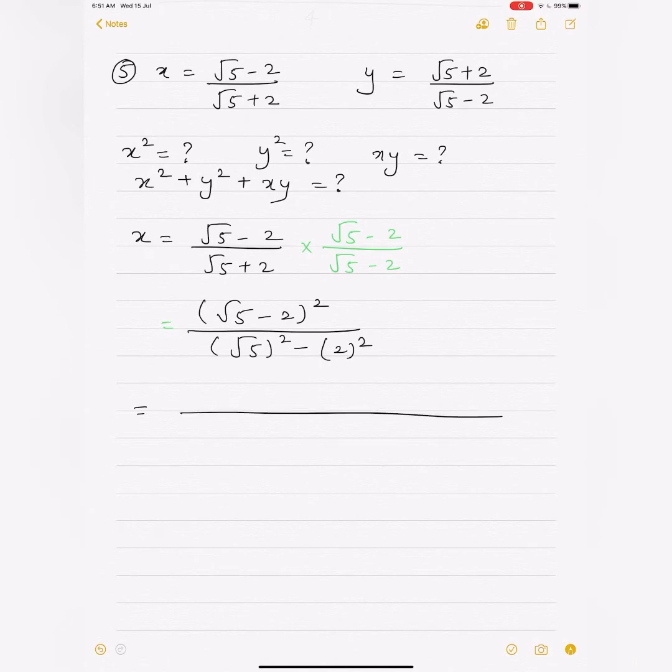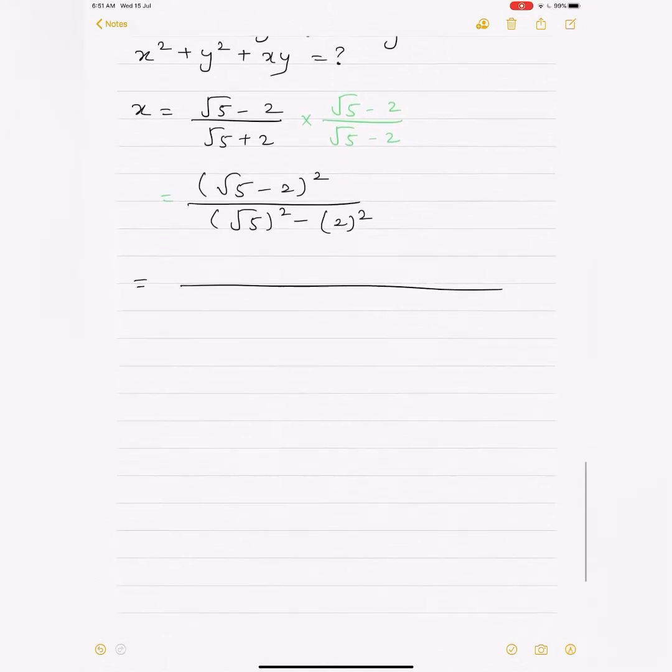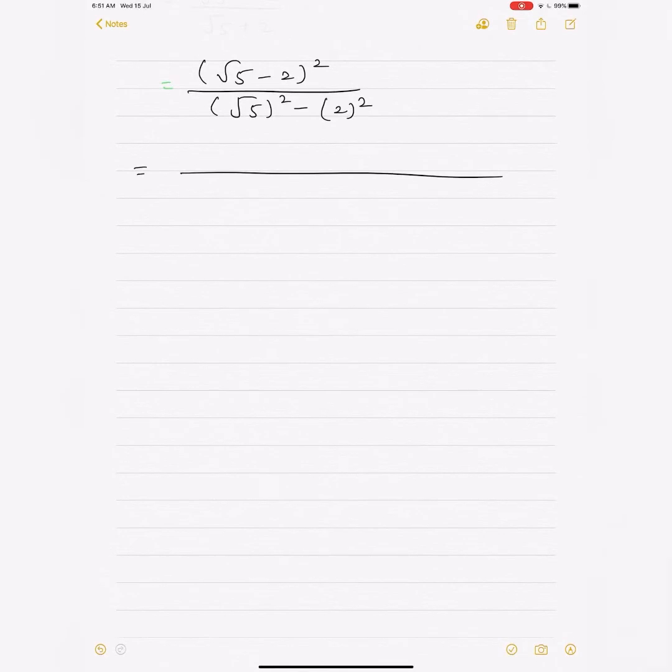Now what would this become? What is the square of root 5? First, what will this become? A minus b whole square. So we'll do a squared plus b squared minus 2ab upon 5 minus 4.